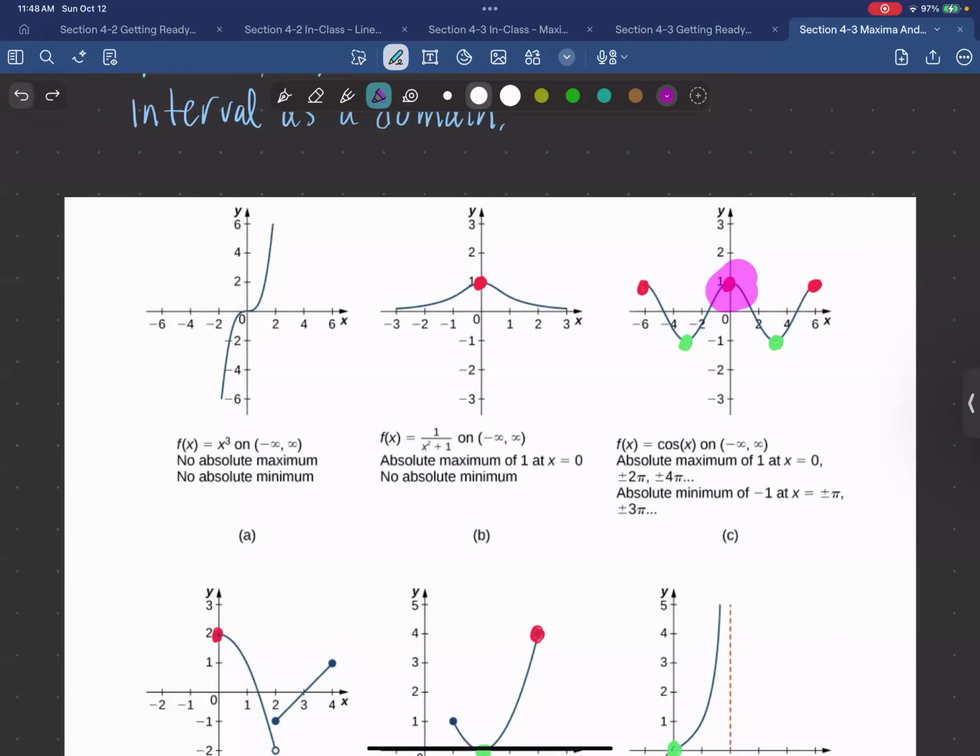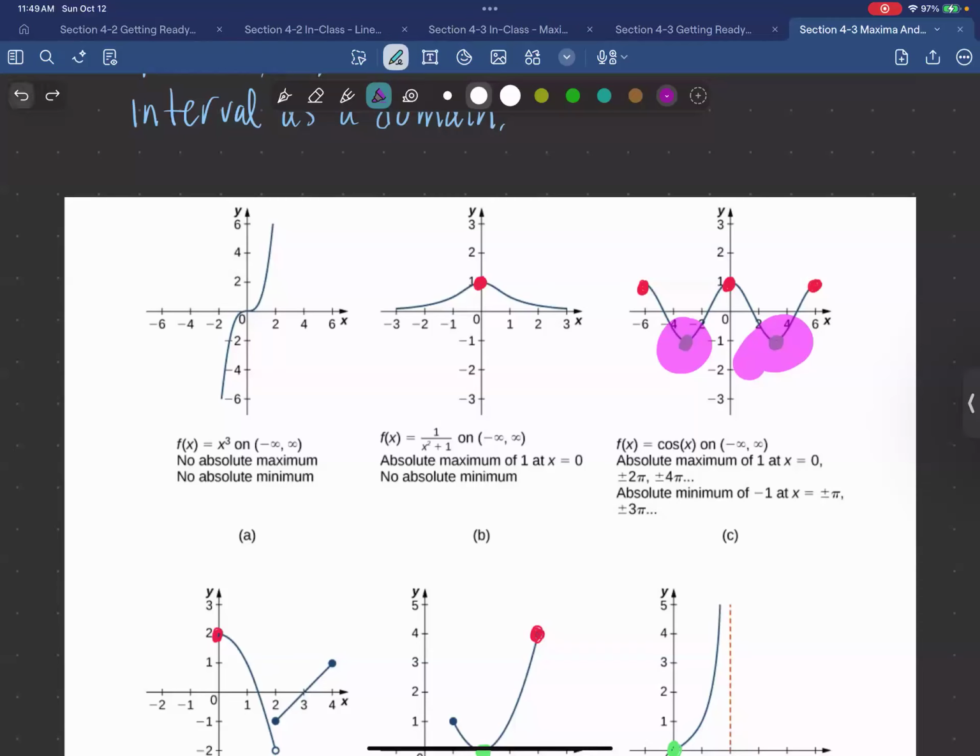And then the absolute mins are at plus or minus pi, plus or minus 3 pi, plus or minus 5 pi. That's an absolute minimum of negative 1.